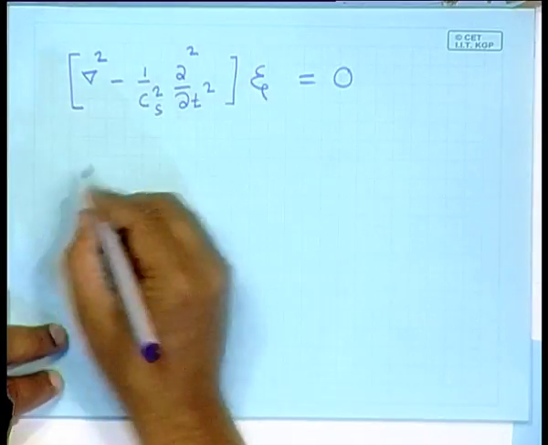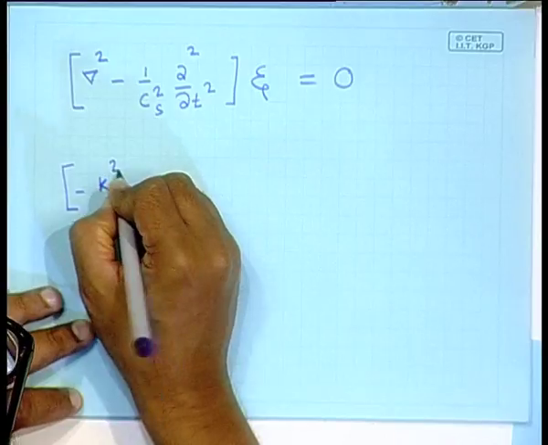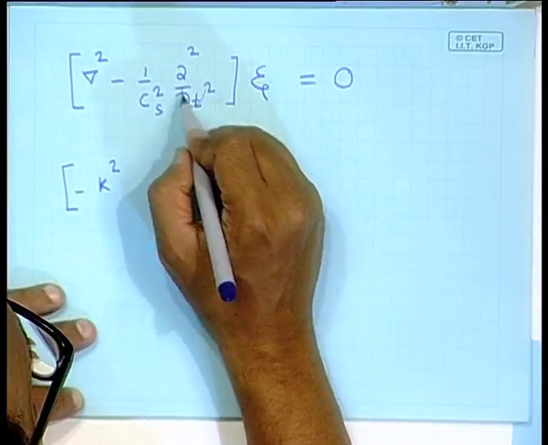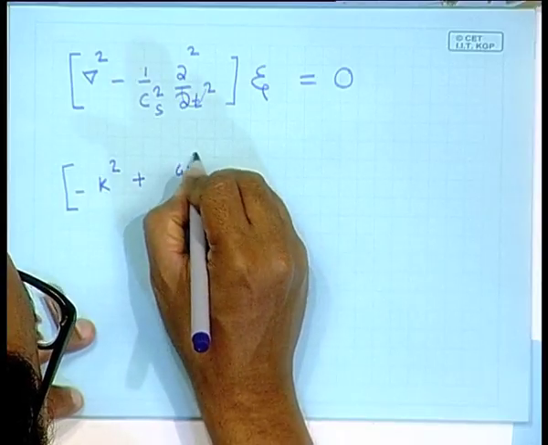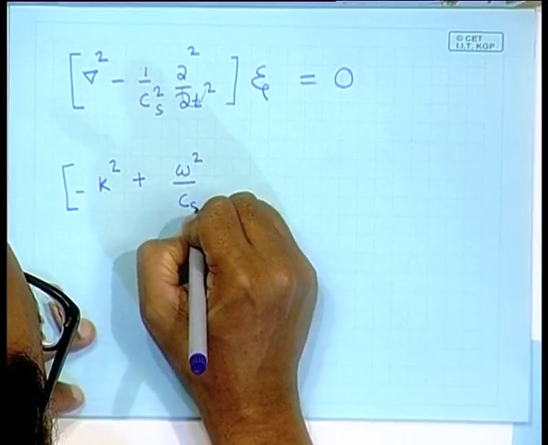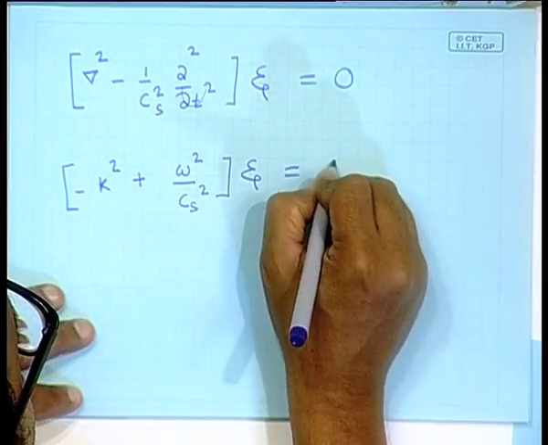This acting on xi gives minus k squared, and the second time derivative of xi gives minus omega squared. So, I have plus omega squared by Cs squared xi equal to 0.